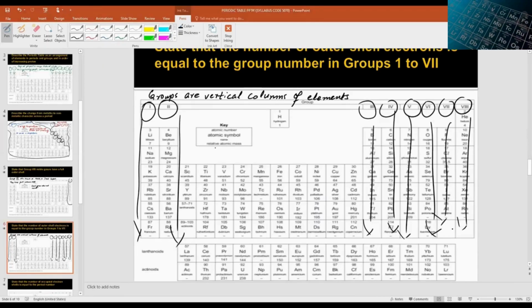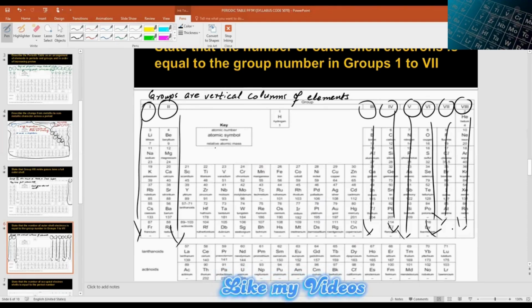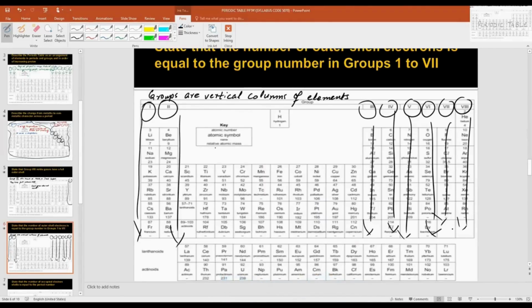We can predict the number of valence electrons for any group element by looking at the group number. For example, group number 1 elements have 1 valence electron. Group 2 elements have 2 valence electrons. Can you predict the number of valence electrons in group 4 and 7? It's very easy. By looking at the group number, for group 4, it should be 4. For group 7, it should be 7.